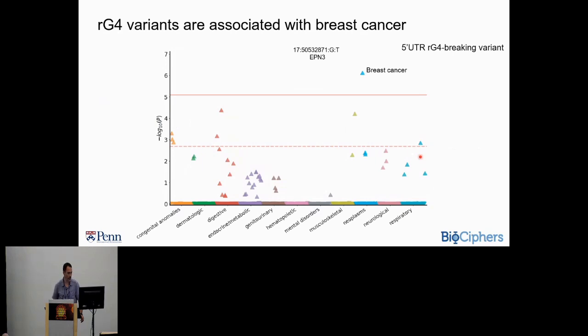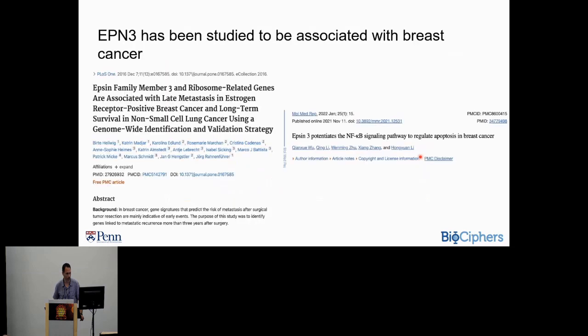Here are some examples. So this is in a gene, EPN3, which was not on the list that we got. We see genome-wide significance, specifically for breast cancer for an RG4 breaking variant. And when we looked it up, we actually found multiple publications implicating this in breast cancer, although it was not on our list, which was nice.